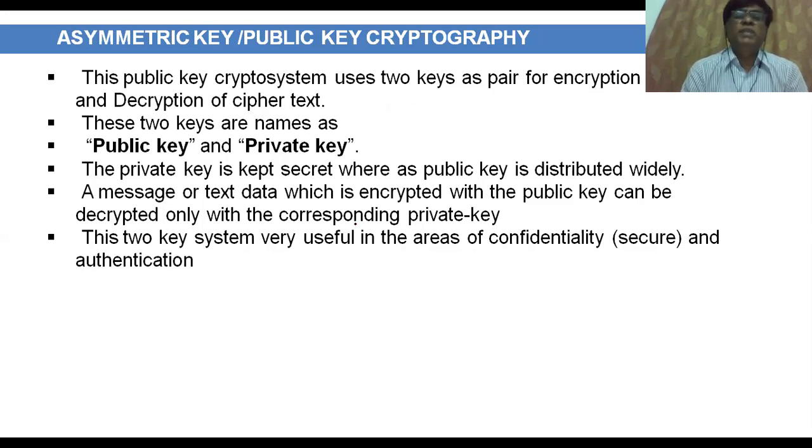Public key means it is distributed widely; anyone can know the public key. But the private key is personal. You should keep that private key secret. But the public key you can disclose to anyone.